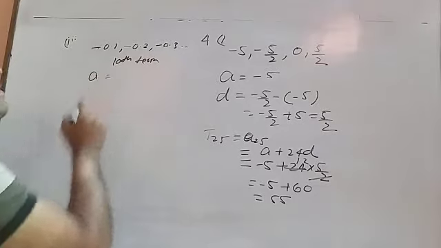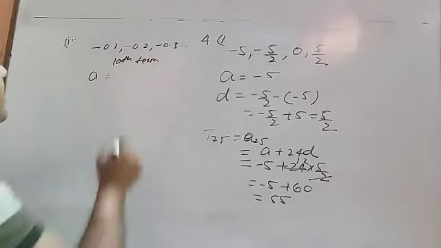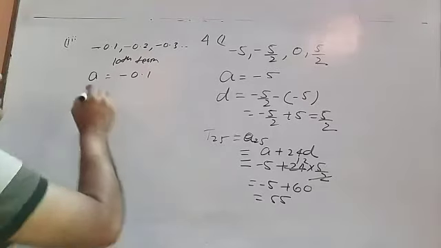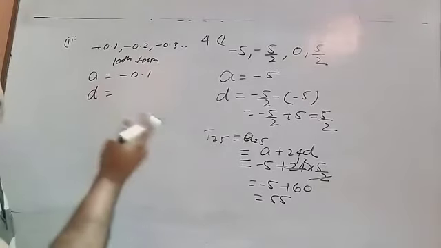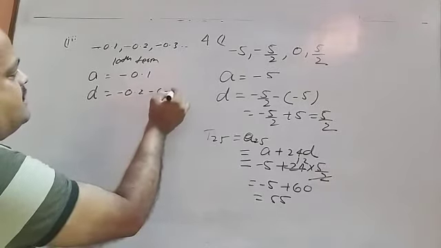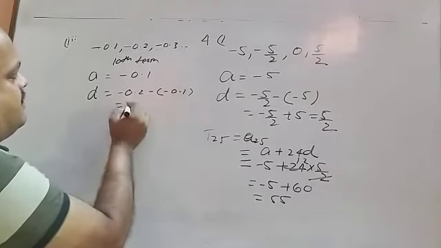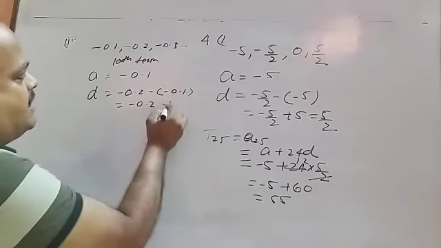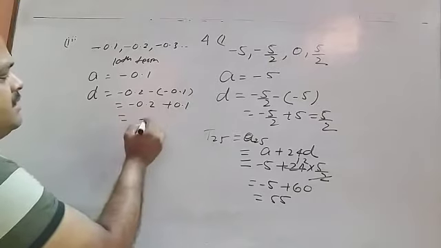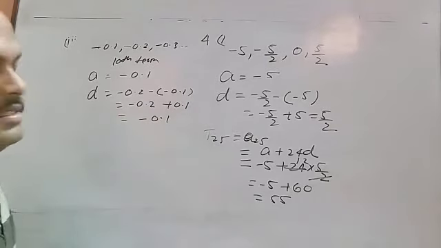So let us write the first term A as minus 0.1. Then find the common difference D, which is second term minus first term: minus 0.2 minus minus 0.1, minus 0.2 plus 0.1. So it becomes minus 0.1.